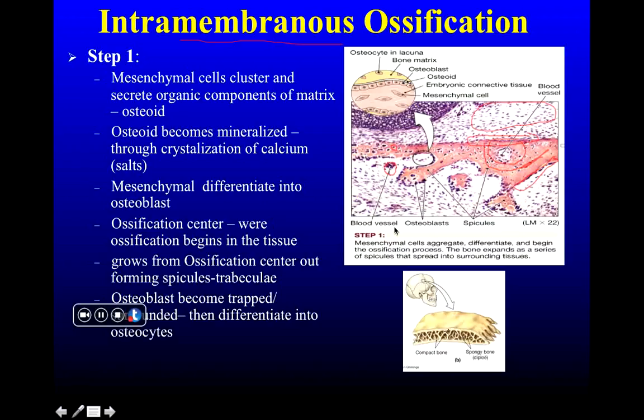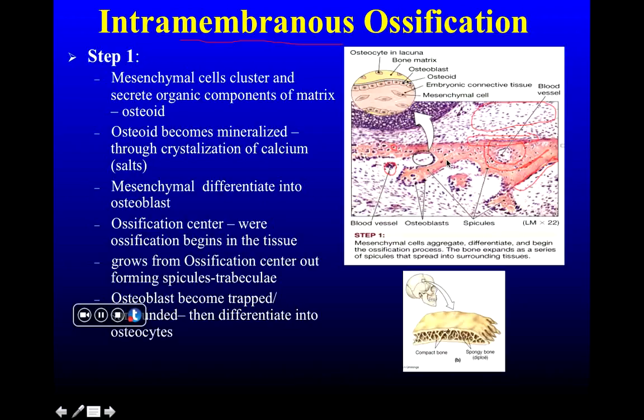Pretty cool, huh? So you'll notice that there is a stepwise process in intramembranous ossification. It would be a good idea for you to go through the steps, but make sense of it. Don't just memorize the steps. Think about what's happening in each step. Mesenchymal cells start to combine together and they differentiate into osteoblasts, right? They're all stuck together and they're going to make osteoblasts.